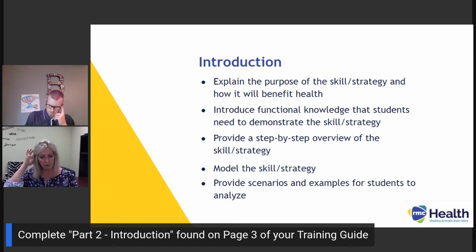In the example that I talked through on the skills-based, as a teacher, I would have modeled some of those stressful times that I've had in my life and how I process through. So modeling through your instruction. And if you don't have some of the background that you can relate to a personal experience, provide them scenarios or examples that they can start to analyze for the skill.